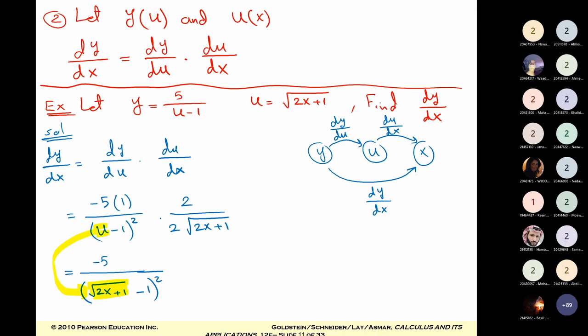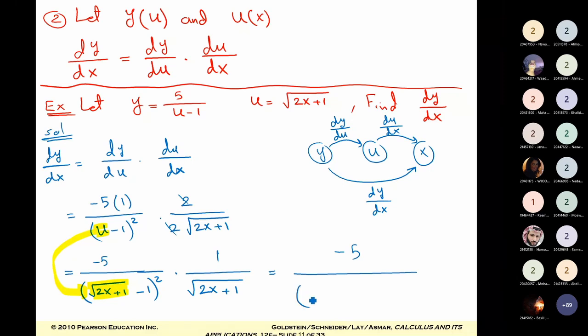Okay, this is the value of u from the example. Now this is multiplied by, we can remove 2 with 2, so we have 1 over radical 2x plus 1. If we need it more simplified, this is equal to minus 5, multiply numerator with numerator and denominator with denominator.